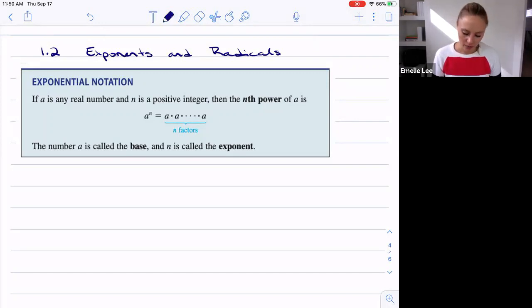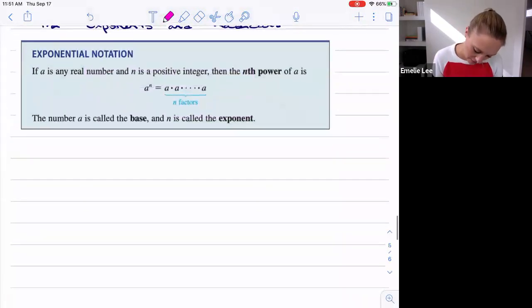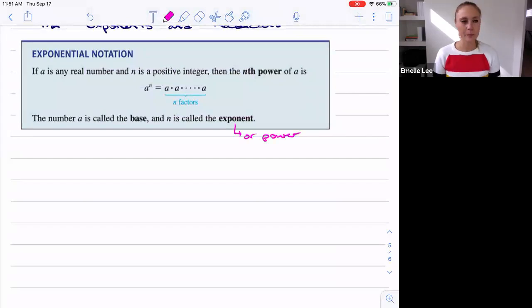So exponents are when we write things like a to the power of n, right? So here we've got the nth power. So we call it the power, or n is the exponent, exponent or power if you want. So if I have a times a times a times a times a, n times, then I can rewrite and summarize it as a to the power of n, where n is the power or the exponent.